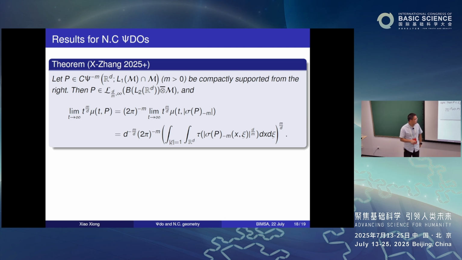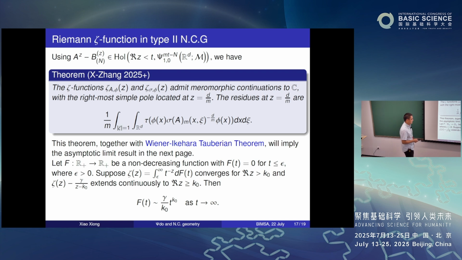The reason is that we have this Tauberian theorem, which states that if we know the simple pole of this function, then we know the asymptotic limit of this capital F here.